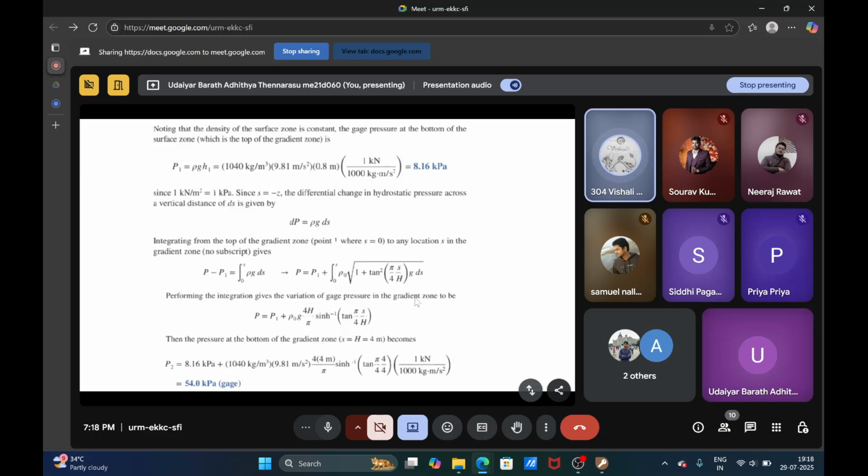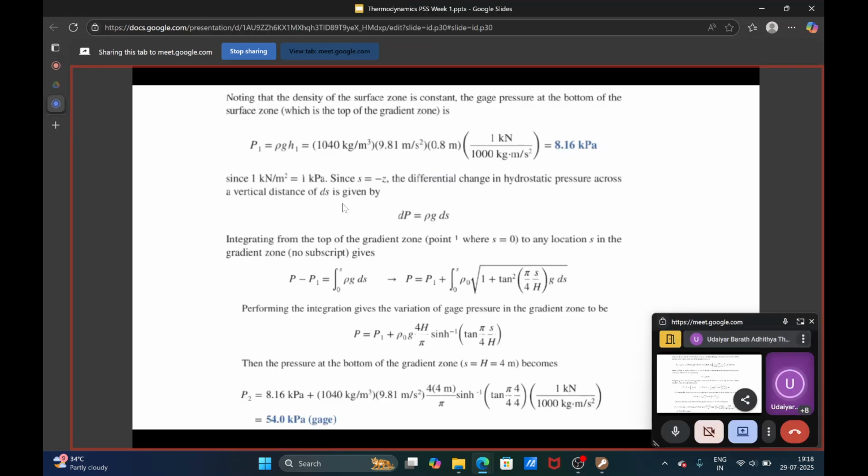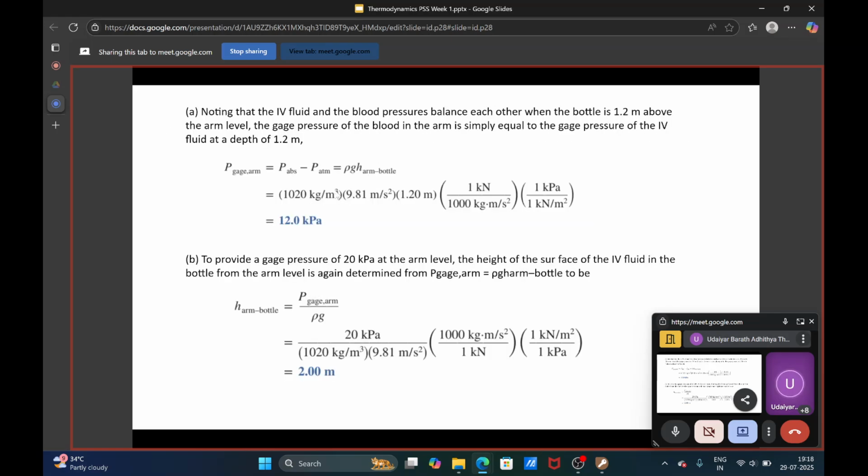Sir, can you explain how to find gauge pressure, the formula and how it is derived? See, the gauge pressure is your absolute pressure minus atmospheric pressure. It is the difference between the pressure to be measured and the atmospheric pressure. That difference is your gauge pressure, how much higher or lower compared to atmospheric pressure. If you are at negative pressure compared to that, that is your vacuum.